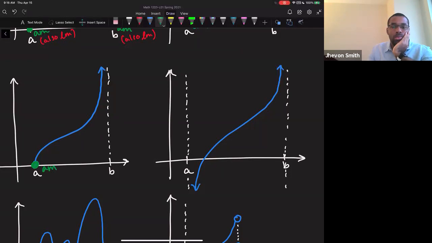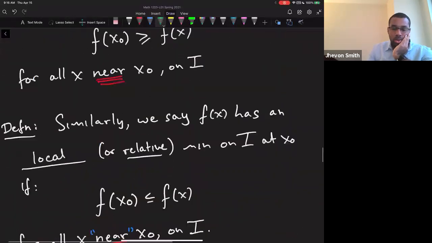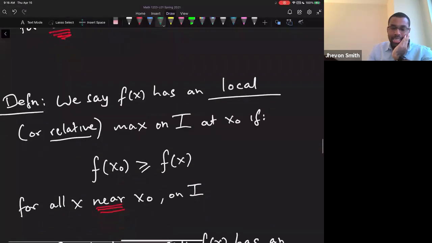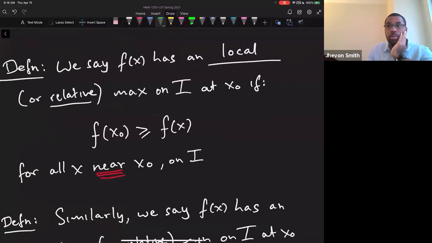Wouldn't infinity be the absolute max? So wouldn't it just be like a local max? Right, but for our absolute max, if you recall, we do need to identify an x value. I need to be able to say the absolute max occurs at this point, for this x value, this is the output.